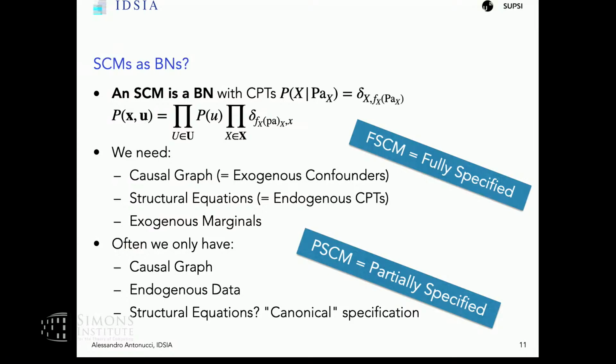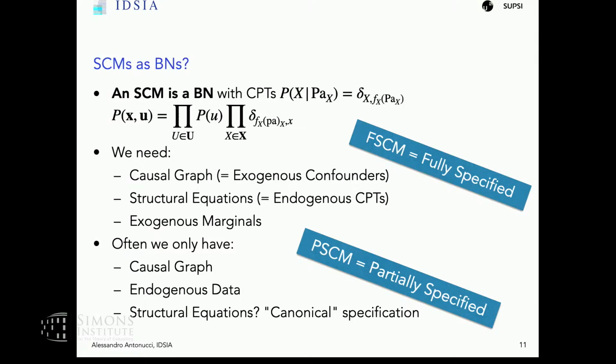And actually, from a certain point of view, a structural causal model à la Pearl is just a Bayesian network, with very special conditional probability tables, deterministic conditional probability tables implementing the structural equations. This assumes that everything is specified, and this is what I call a fully specified structural causal model.